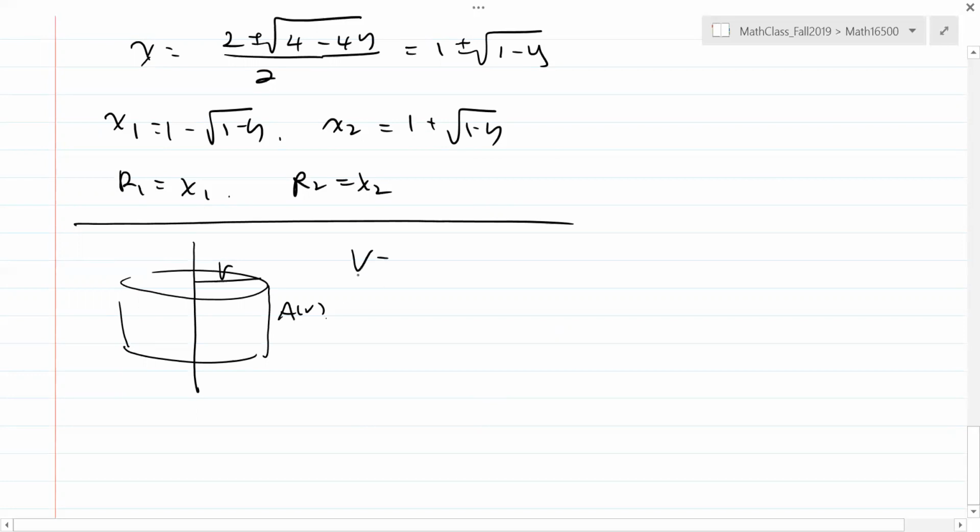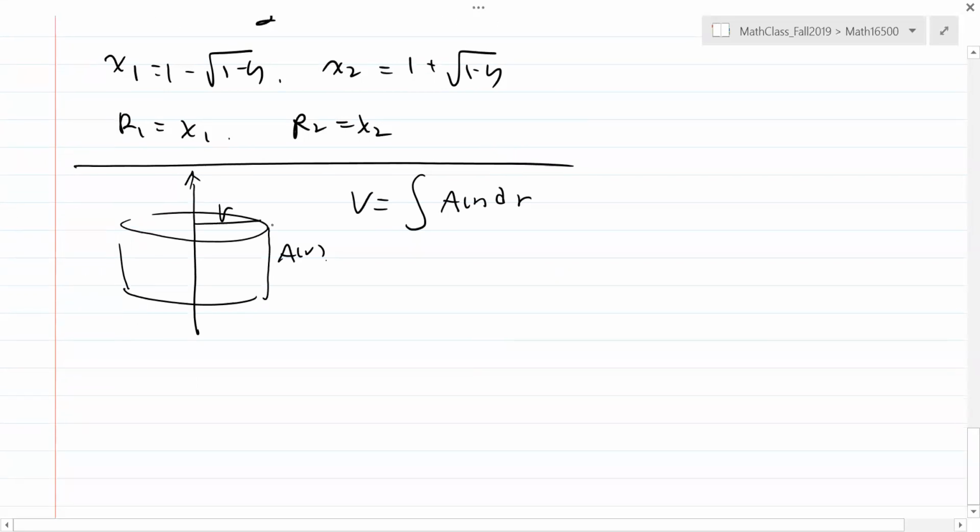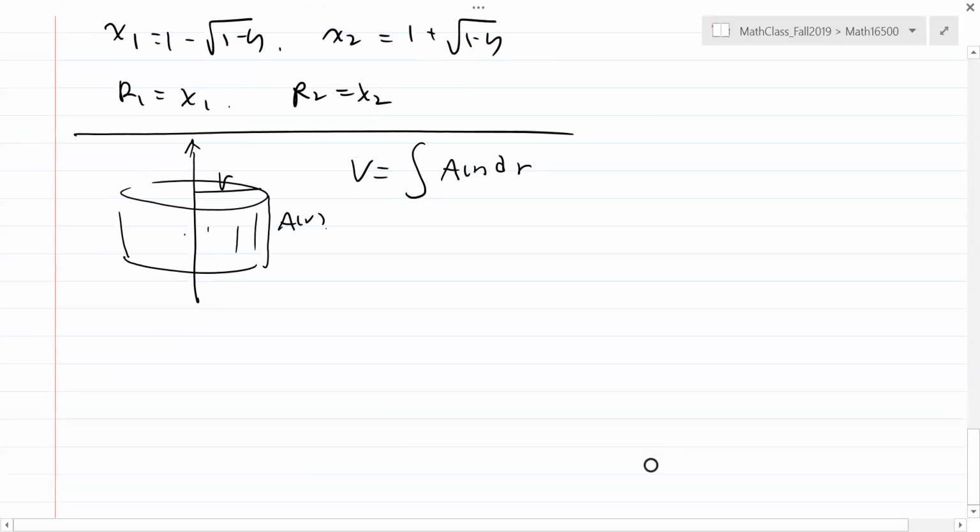Then the volume is going to be the integral of A(r) dr, where r is the distance to the fixed axis, and the volume of the solid. The solid could be anything. This is the intersection part of the cylinder with the solid.